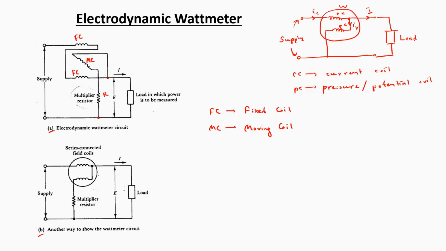So the moving coil is connected in parallel with the load, and it is going to work as the pressure coil or the potential coil of the wattmeter. R here represents the multiplier resistor.